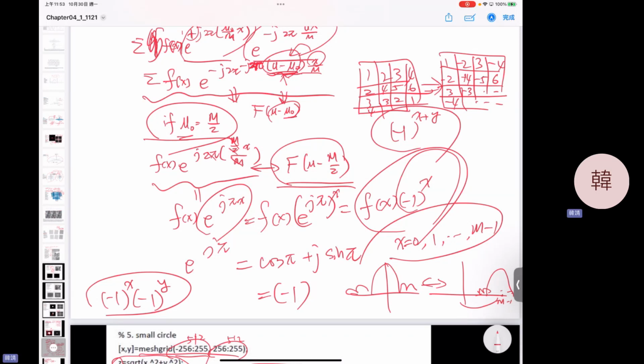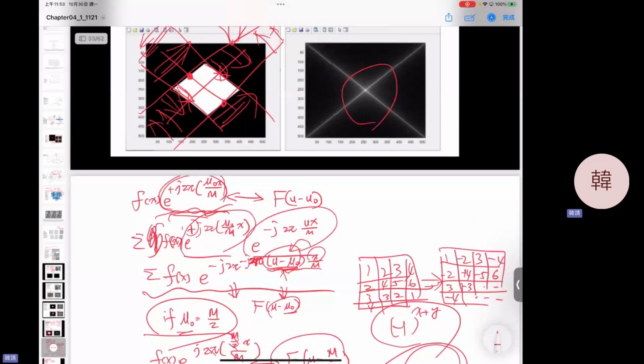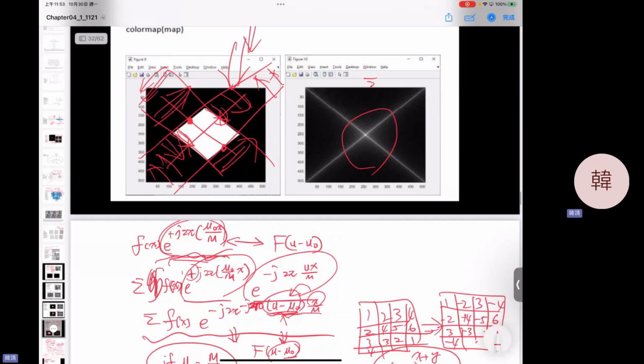So I'm telling you about this function, FFT shift. What does it do? Your image pixel value is multiplied by minus 1 to the power of x plus y, where x, y is your pixel coordinate. The result tells us it will shift to the center of your frequency spectrum. The center location is n divided by 2, n divided by 2, the center of the output.